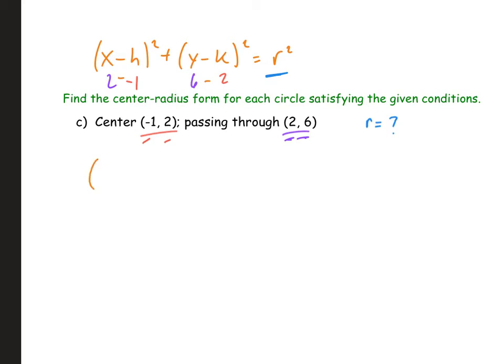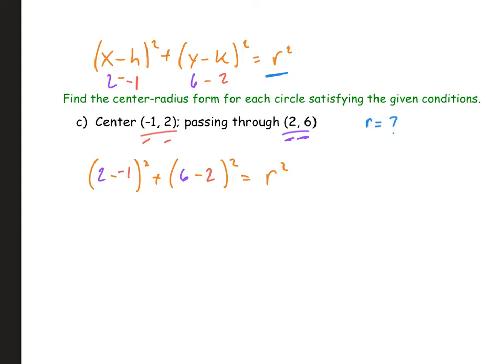So our x value being 2, so make sure you're taking the point that's on the circle, or the point that the circle is passing through. So that's the x value there, not the x value of the center. And then minus our x value of our center, which was -1. Square that, plus the y value that's on the circle, so that's 6, minus our k value, which is 2, and square that.